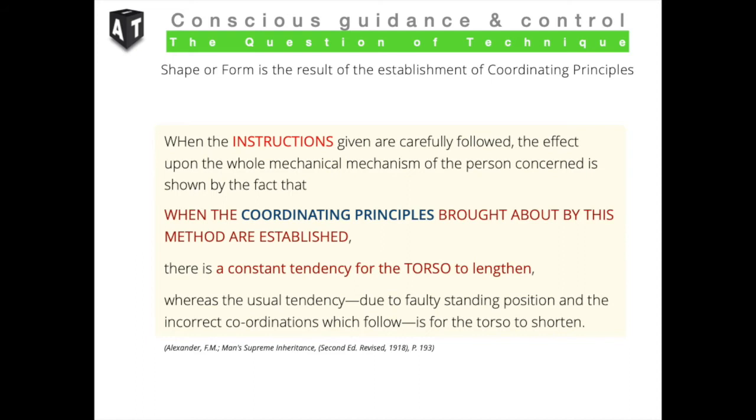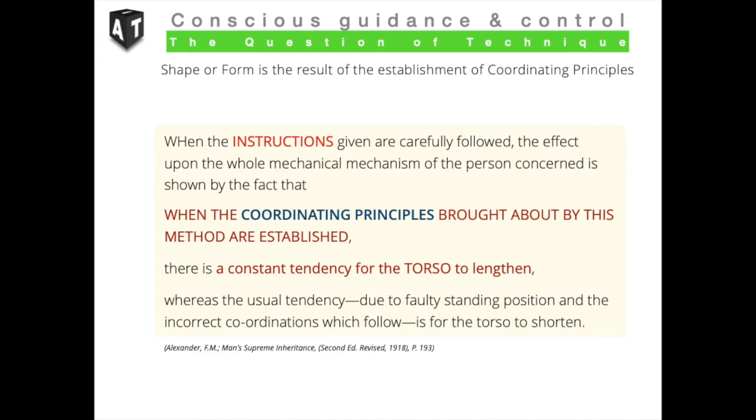And as I've explained just earlier, the coordinating principles have to be established both at the level of the instructions. The subject must understand that we are asking for coordinated messages, coordinated orders. And when these are established, then there will be a coordinated activity of the different parts.